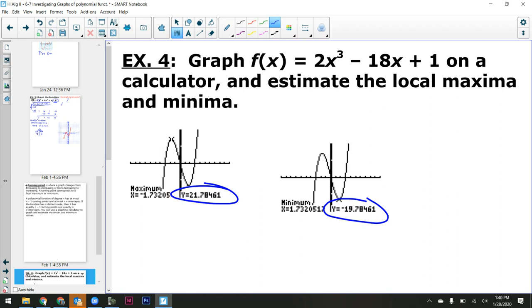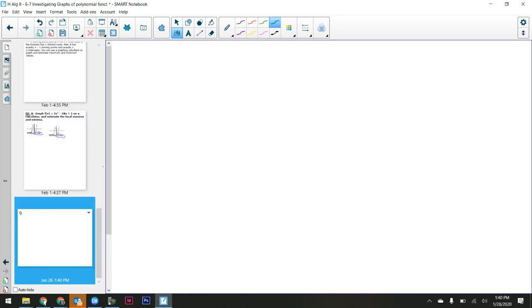Homework is, let me write it down. We got 1 minute. You can check on Canvas to find it too, but the homework is page 457 to 458. Whoops, that's a 458.